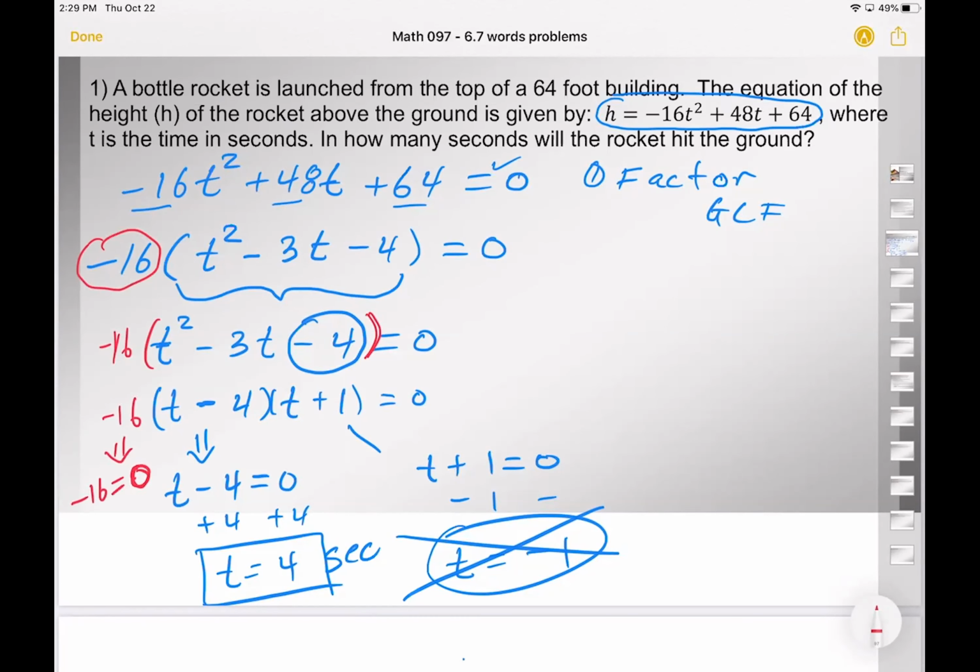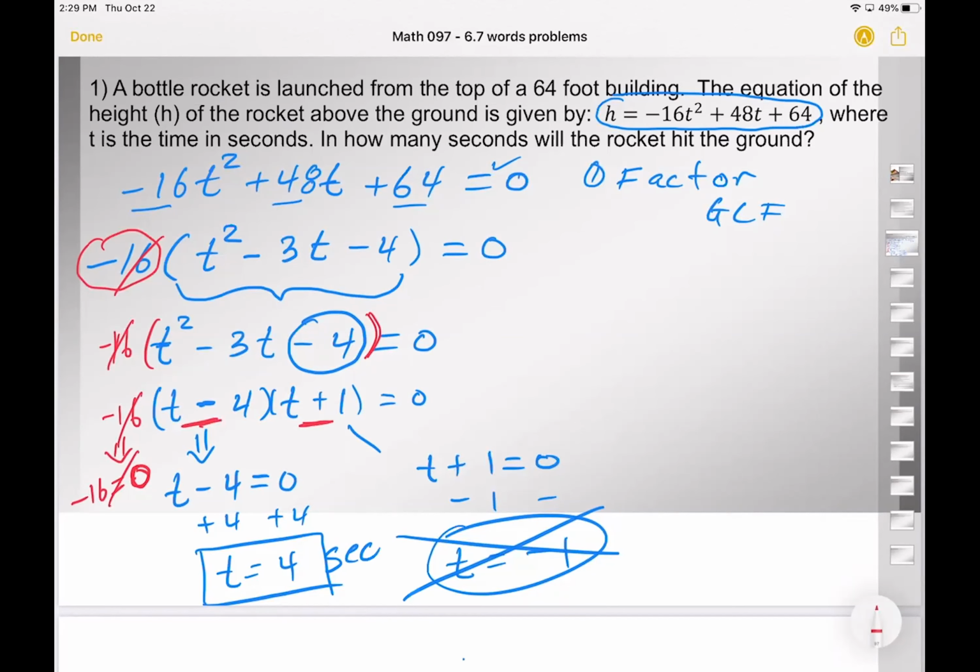It's never true, because -16 is -16 and 0 is 0. So for this item, because of the application problem, because it's a constant, it doesn't have anything to do with the t, we kind of disregard it. We only deal with the item associated with the t.